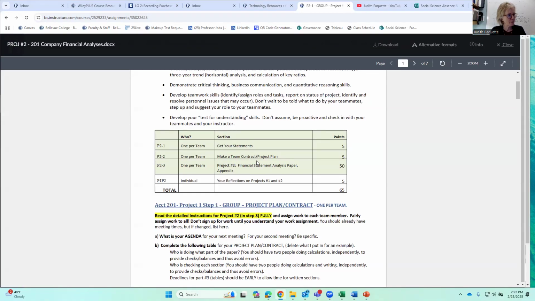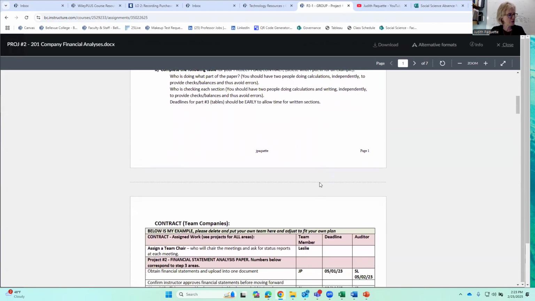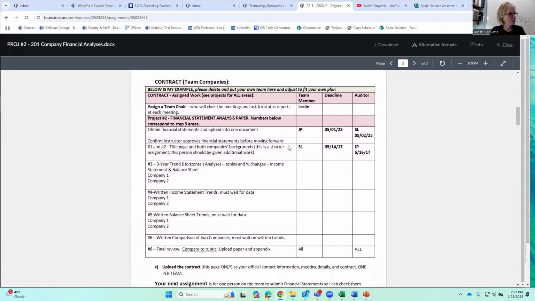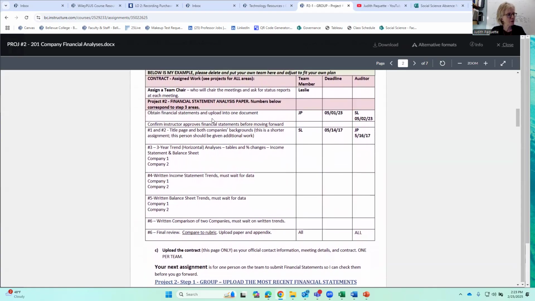Make your contract project plan, and then your paper will be due in a bit. We're not going to do a status report on this, okay? So the contract should be fairly straightforward. Assign a team chair, get your financial statements, and make sure I approve your financial statements because sometimes there are errors.